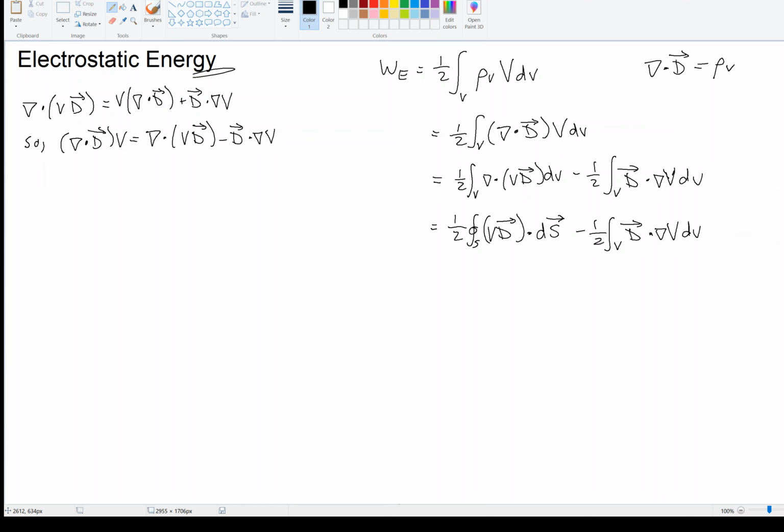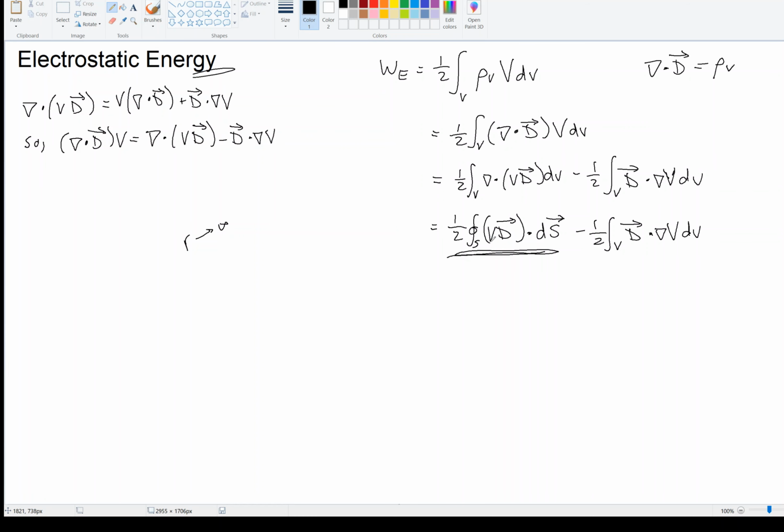Okay, we're almost there. And I just want to make the argument now that this is 0. And the argument's going to go like this. Since our universe encompasses everything, effectively, we might as well consider R to go to infinity. And for this integral, v varies at least as 1 over r.